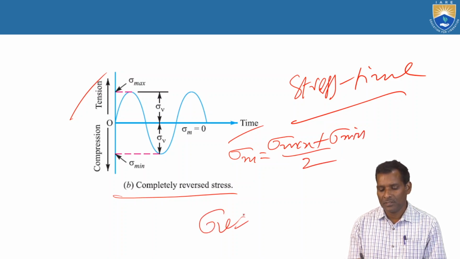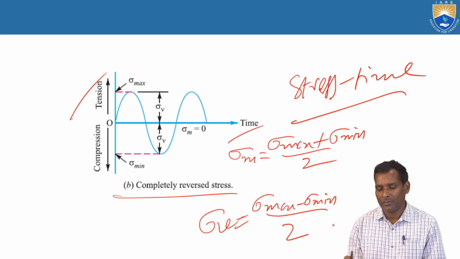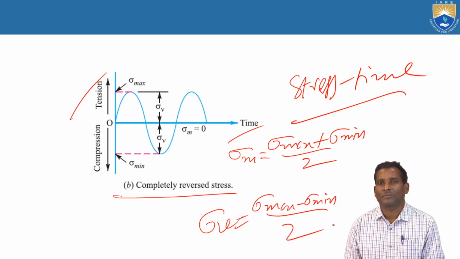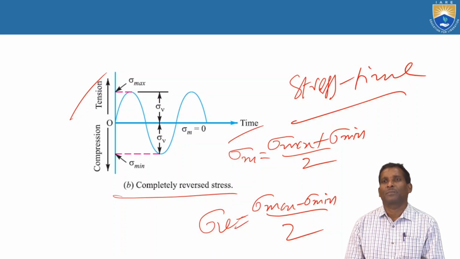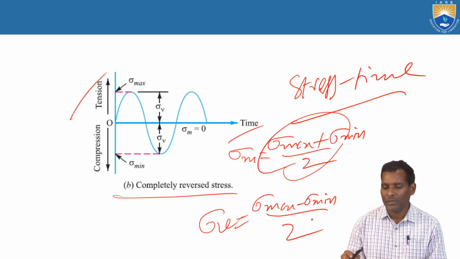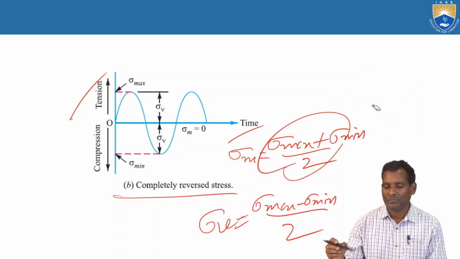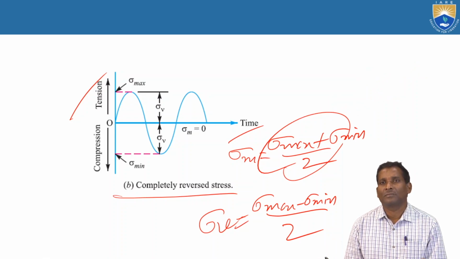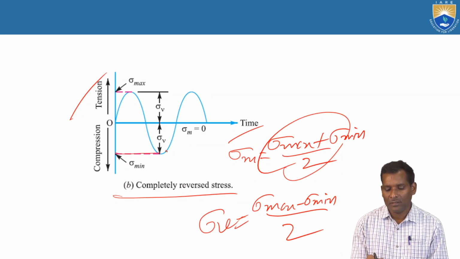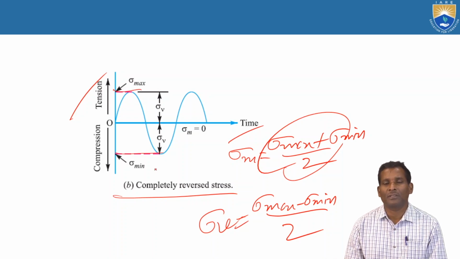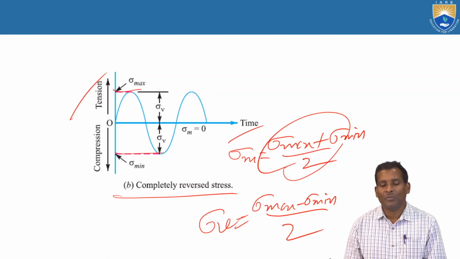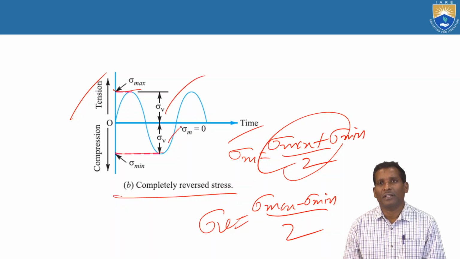The variable stress is sigma max minus sigma minimum by 2. Here it varies from compression to tension and tension to compression, so the mean stress value is 0. Sigma max and sigma minimum values are shown in this diagram, so you can calculate the variable stress.